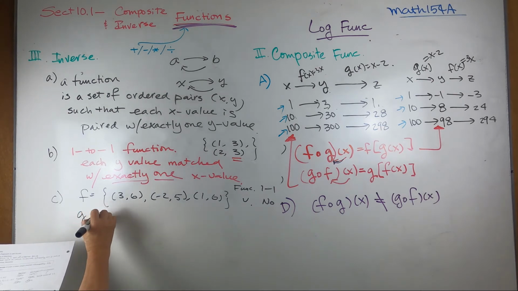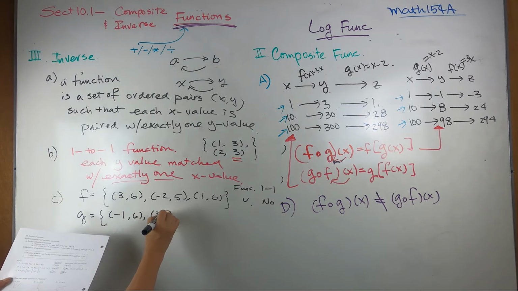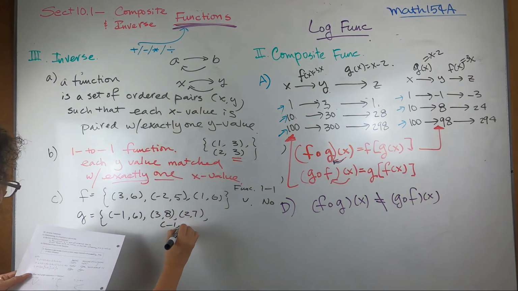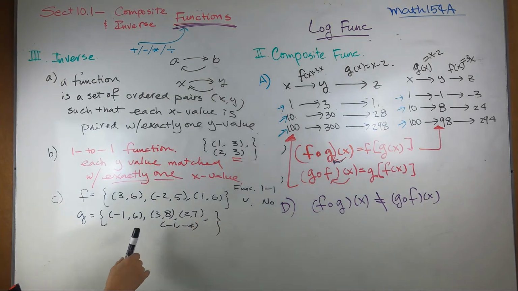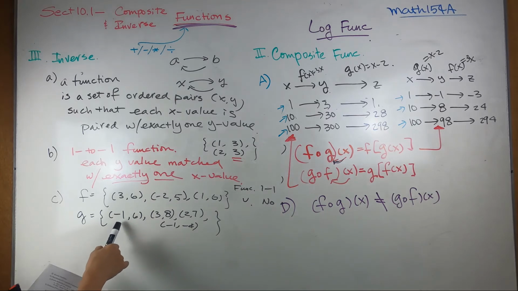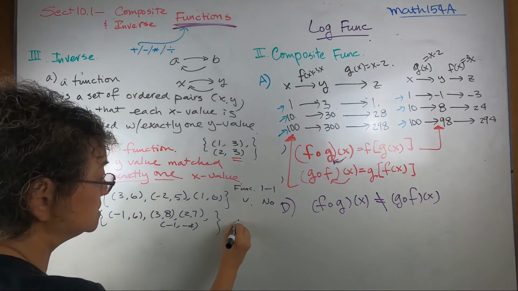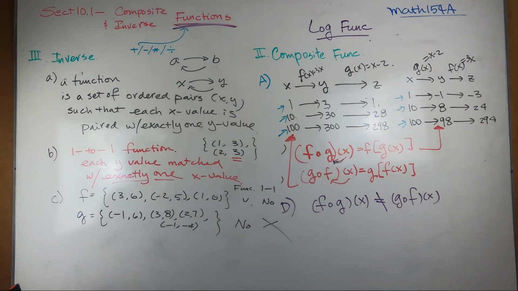So if g is this way, (-1, 6), (3, 8), (2, 7), (-1, -4), is this a function? No, because for -1, one x value, you have two matched y values. You cannot do that. So this is not a function, so we don't talk about one-to-one function.